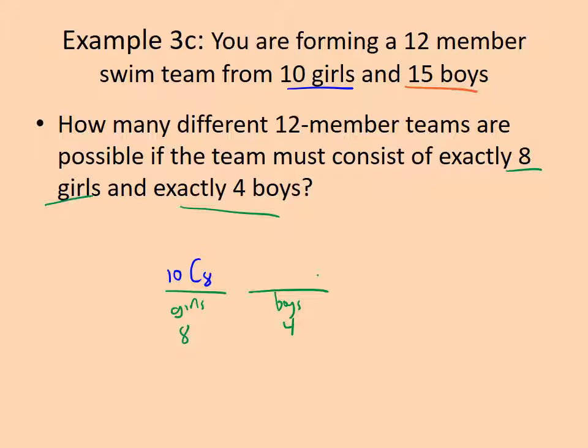And from our 15 boys, we're going to choose 4. 15C4. We must multiply them together to get the total number of people for our swim team. In this situation, that makes 61,425 possible swim teams that consist of exactly 8 girls and 4 boys if you start with 10 girls and 15 boys.